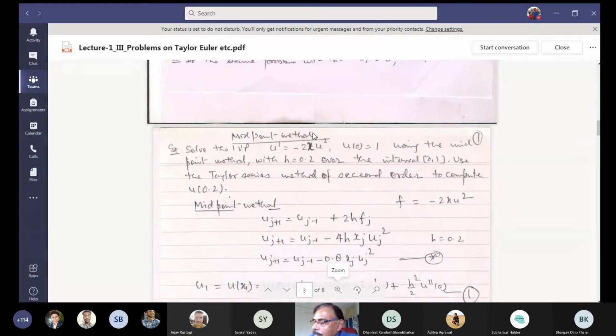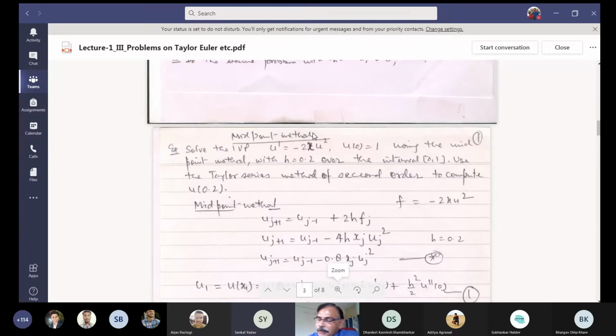Put x equal to 0, it is 1. u0 is 1, given. So the exact solution of this differential initial value problem is u(x) equal to 1 upon 1 plus x square. Is that right?